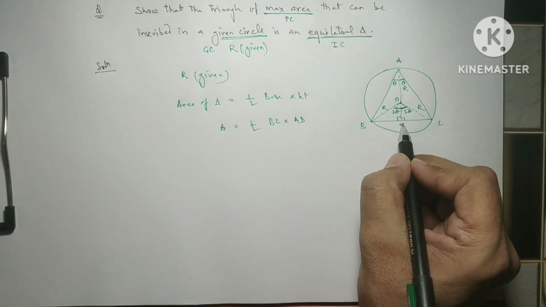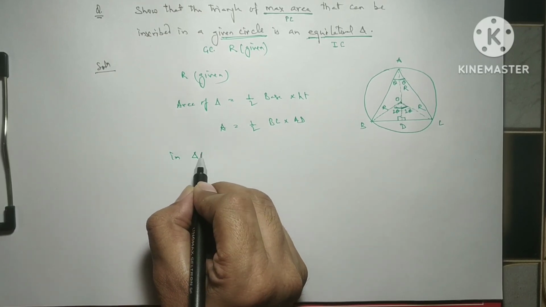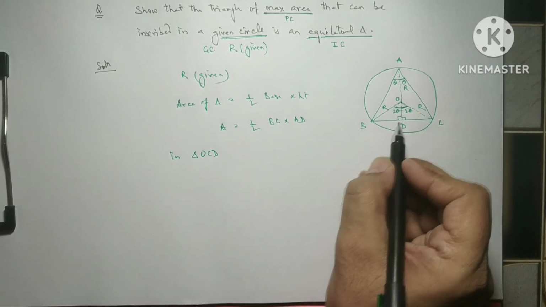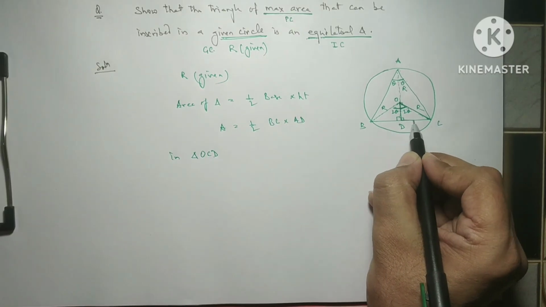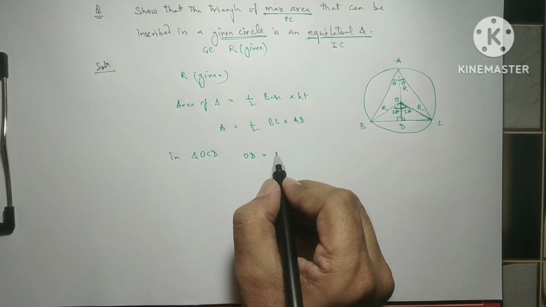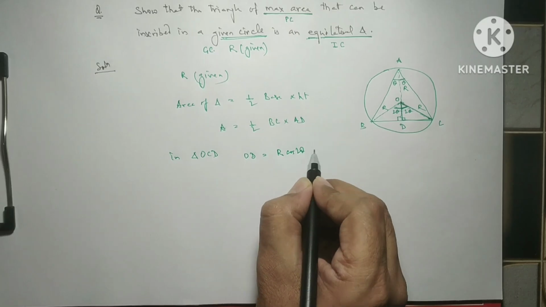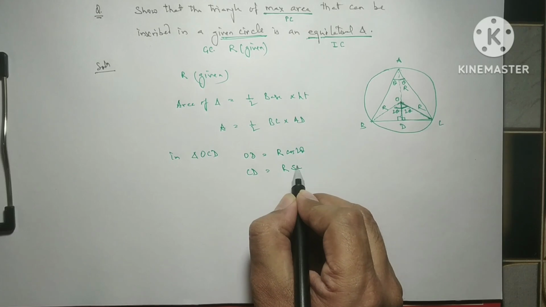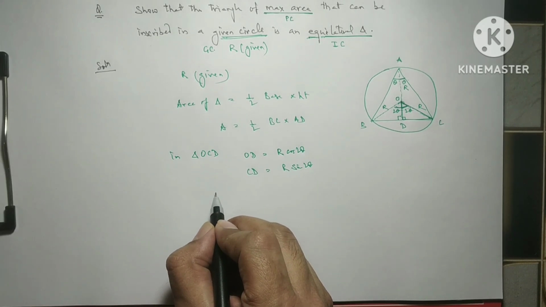So we will consider this in triangle OCD, and this is R. So according to this, OD equals R cos 2θ, and CD is R sin 2θ, and we want AD.